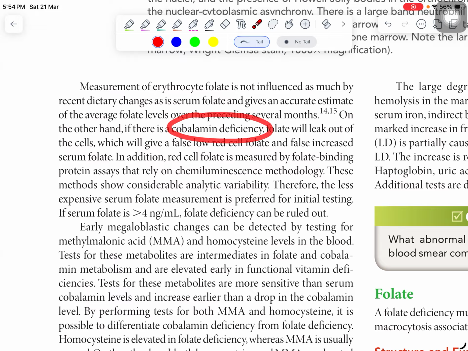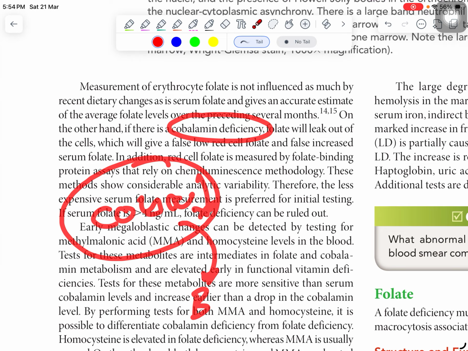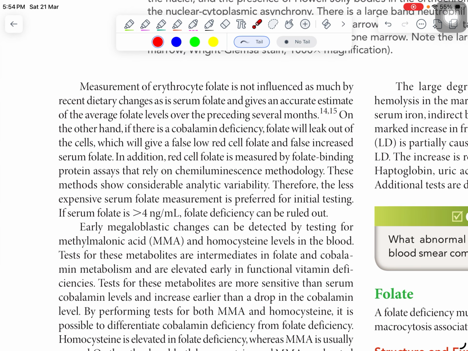So serum folate increased and red cell folate decreased. That is false.